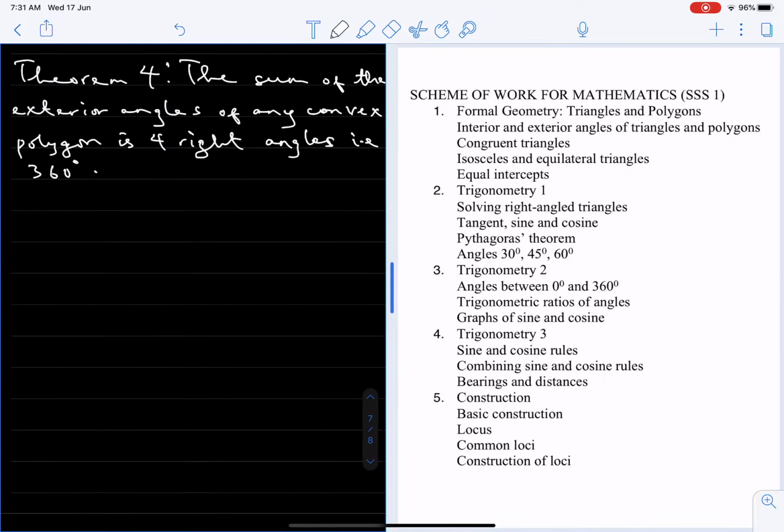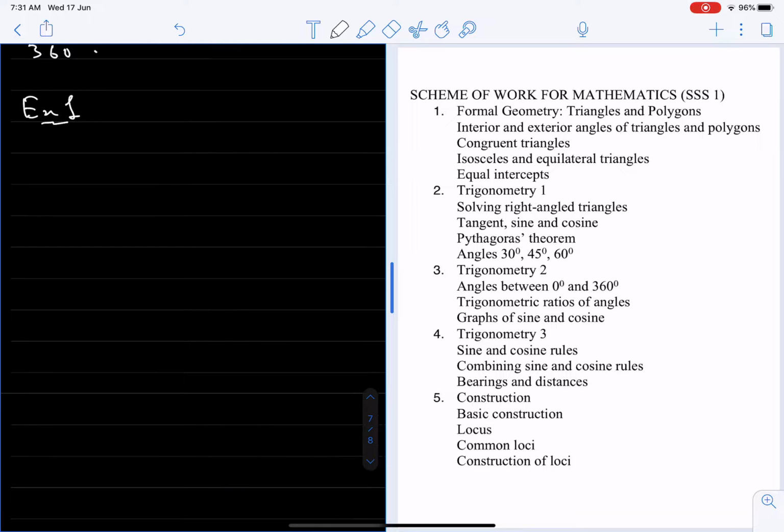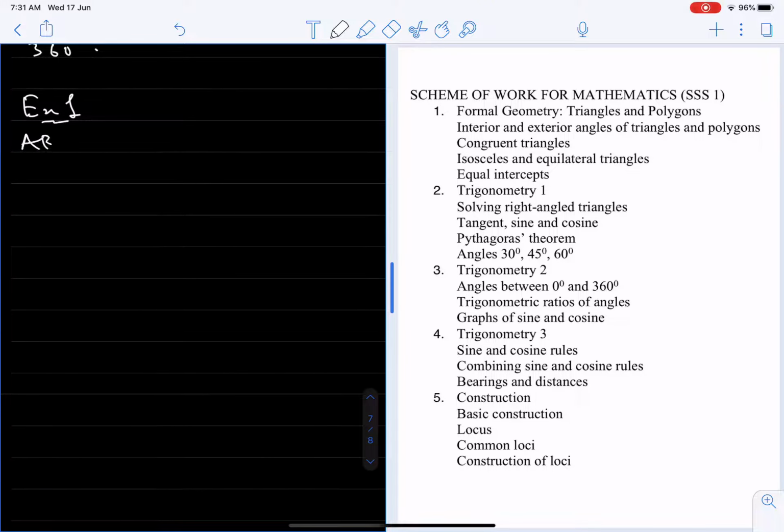Now straight we go to an example. That's our first example actually today. Example 1. ABCDE is a regular polygon.